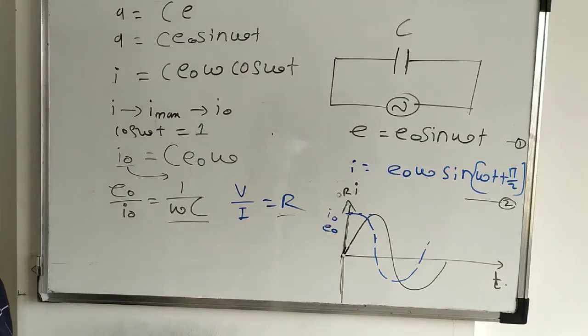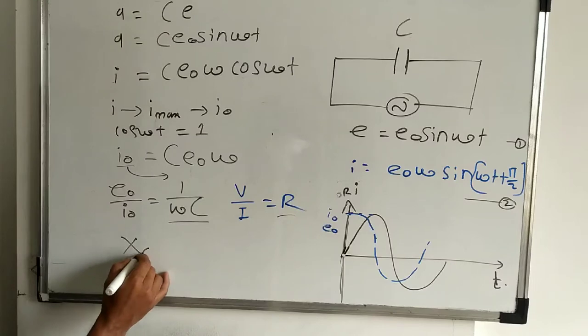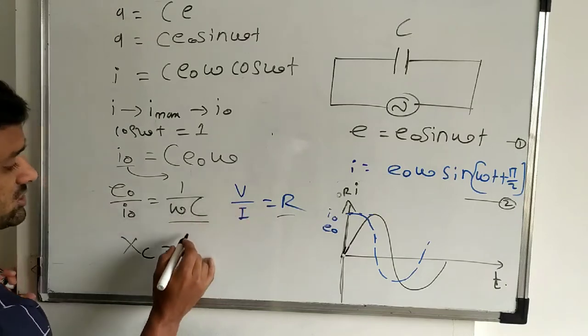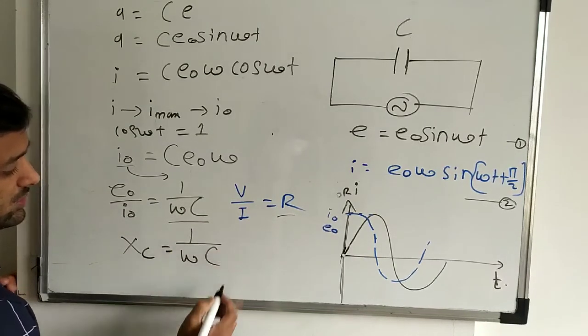This is called the opposition offered by the capacitor, or capacitive reactance. Capacitive reactance is the opposition by the capacitor to the flow of current, and it is given by 1 by omega C.